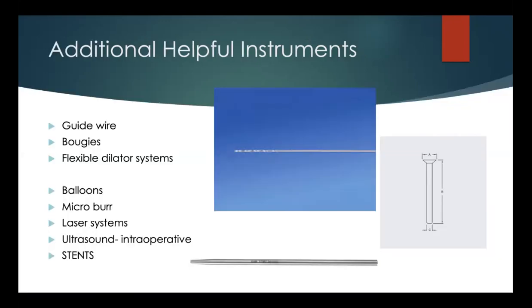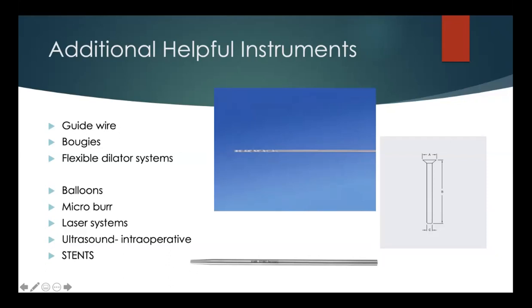We have our additional helpful instruments when we're talking about stenosis. Number one would be the guide wire. It's always advisable that you dilate your strictures over a guide wire so that you can see what's going on and where you're going. The second would be bougies, and that's a picture right here, right at the bottom.